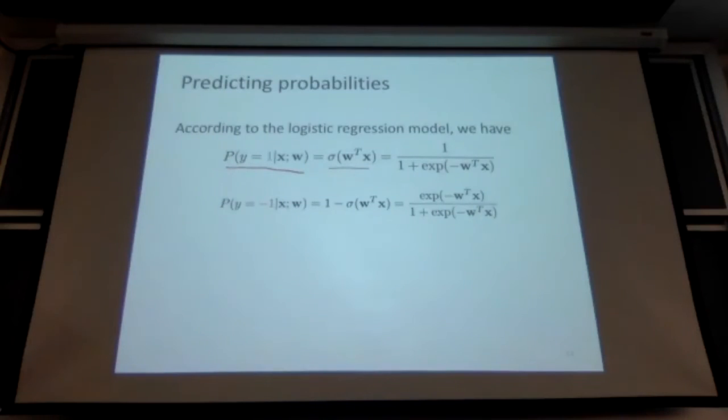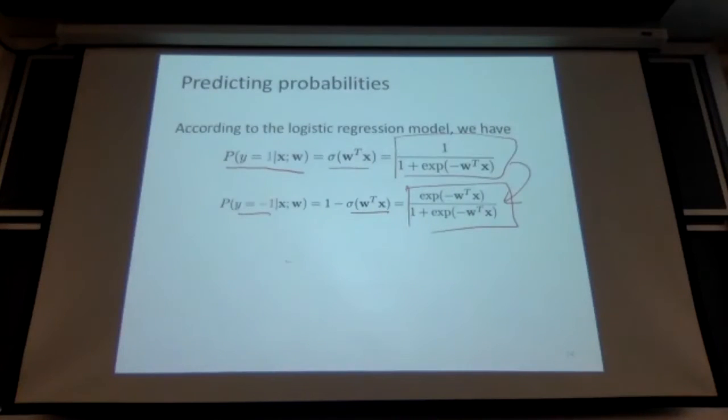The probability that y is minus 1 given x and w is just 1 minus the probability that y equals 1. 1 minus this quantity is exactly the same as e power minus w transpose x divided by the same denominator.